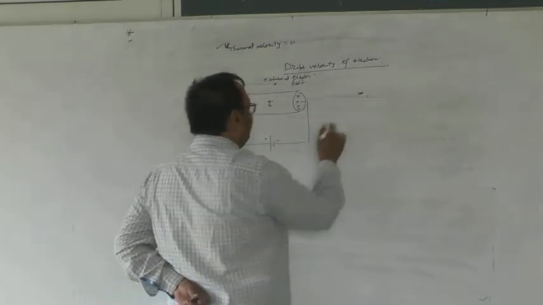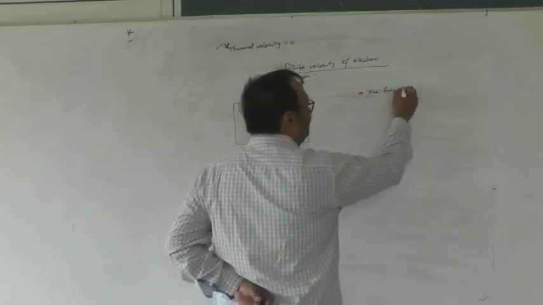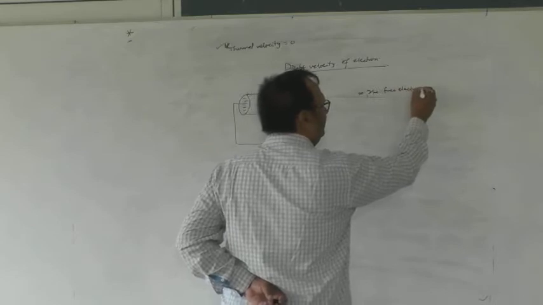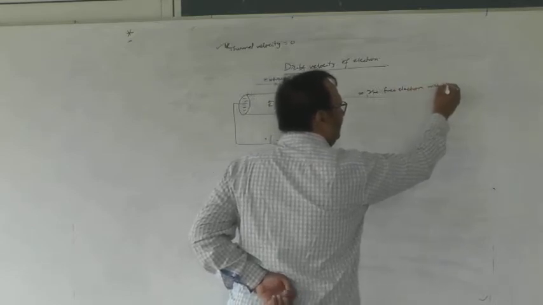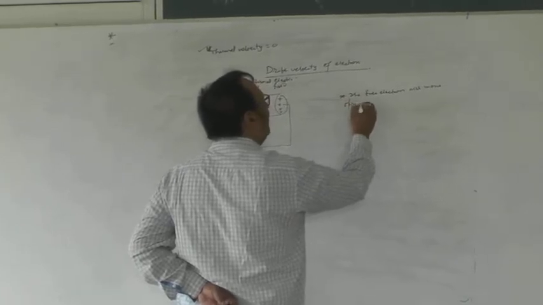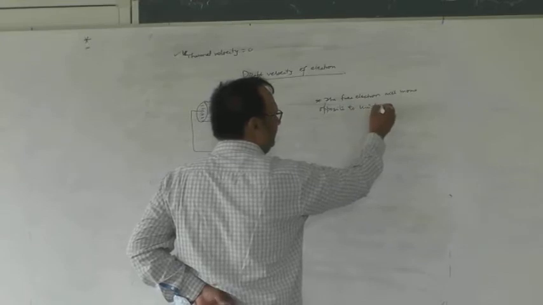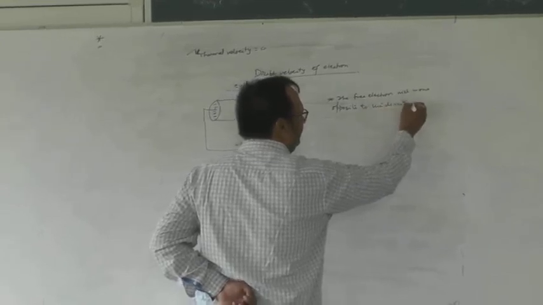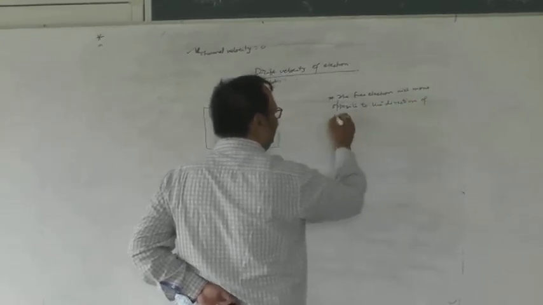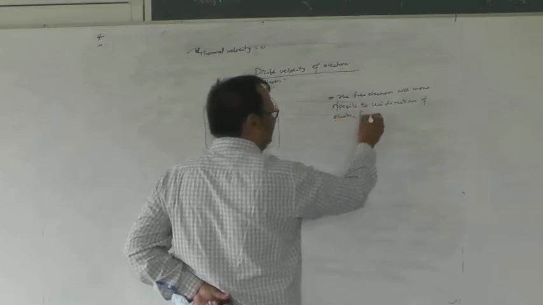First condition, we can say the free electron will move opposite to the direction of the electric field.